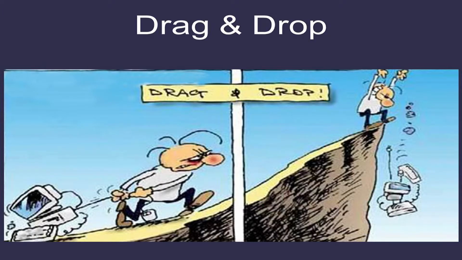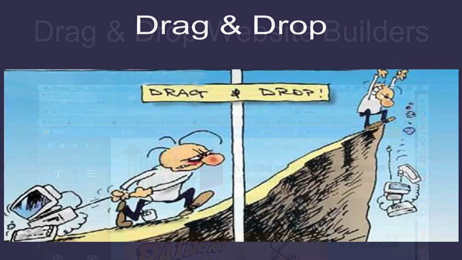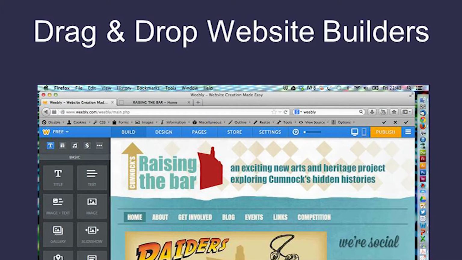Okay, very quickly we're going to look at drag and drop websites. This is a good option for community groups. Really simple, easy to use interface. You can have multiple editors. And we're going to look at Weebly this afternoon, if you come and have a talk to us in room number 4. But there are other options.